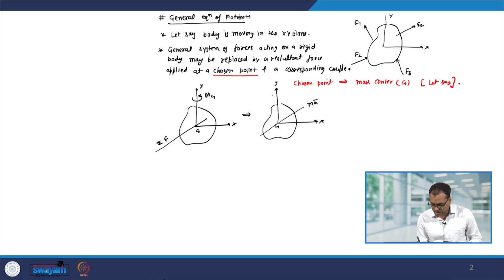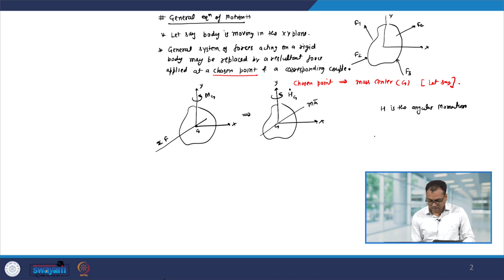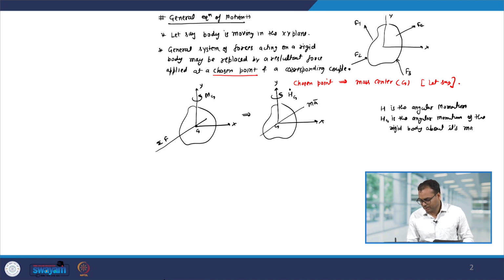Let us say I denote the angular momentum by H. So, it is passing through G. So, H dot G. Here H is the angular momentum and HG is the angular momentum of the rigid body about its mass center G.